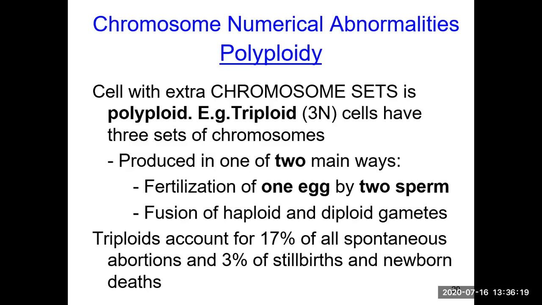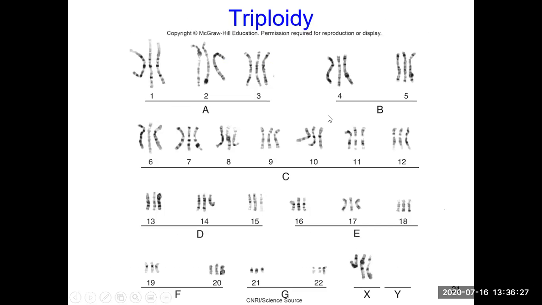But what if an individual, by some mistake, happens to have 3 of each chromosome? Then that particular individual becomes triploid. So this person's karyotype would look like this. Instead of having 2 chromosome 1s, 2 chromosome 2s, 2 chromosome 3s, 2 chromosome 4s, this person ends up having 3 of each. This is a triploid, okay? And this could be more.